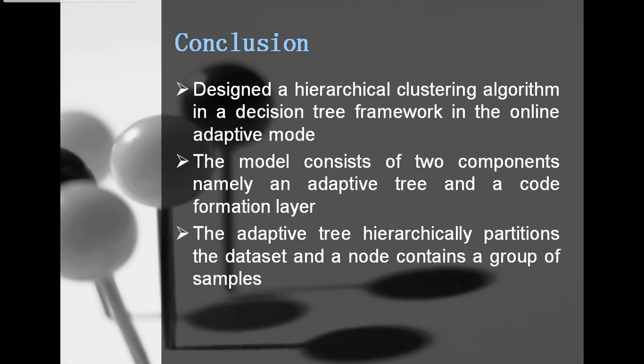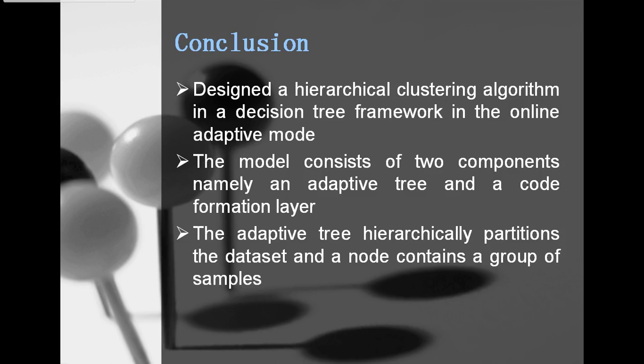Now I will give a conclusion for my project. In my project, we designed a hierarchical clustering algorithm in a decision tree framework in the online adaptive mode. The model consists of two components, namely an adaptive tree and a code formation layer.